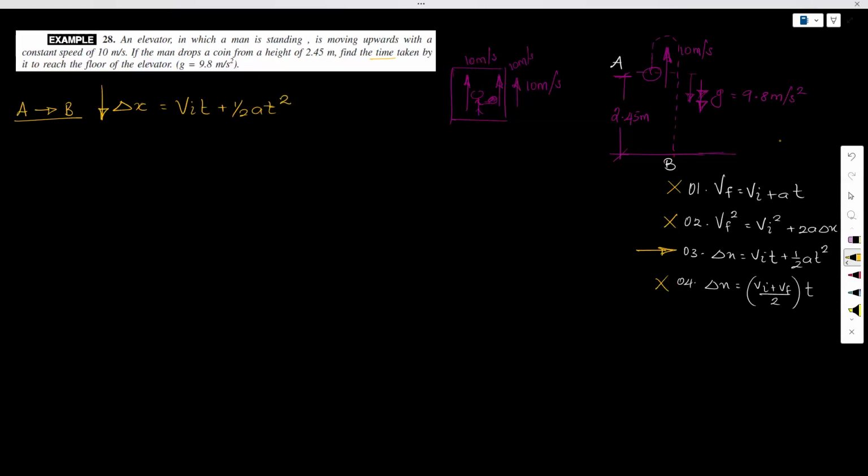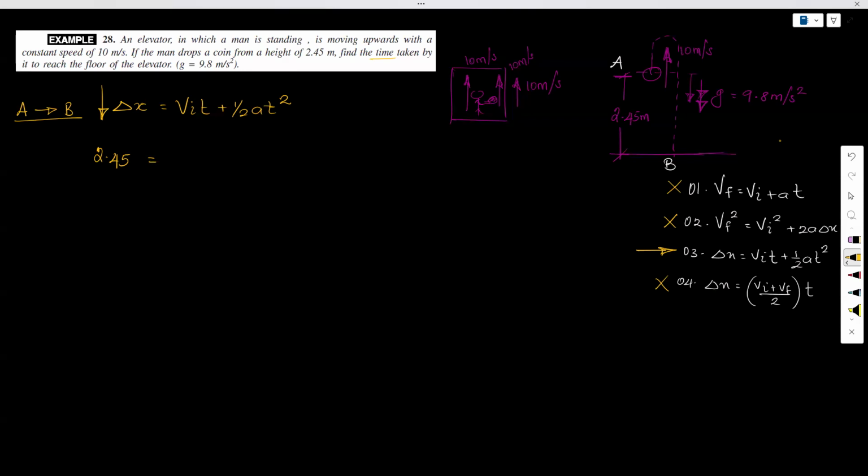As I always say, you can determine which direction you consider as positive or negative. Either everything pointing up is positive or everything pointing down is positive. In this case, I'm considering everything pointing down as positive.